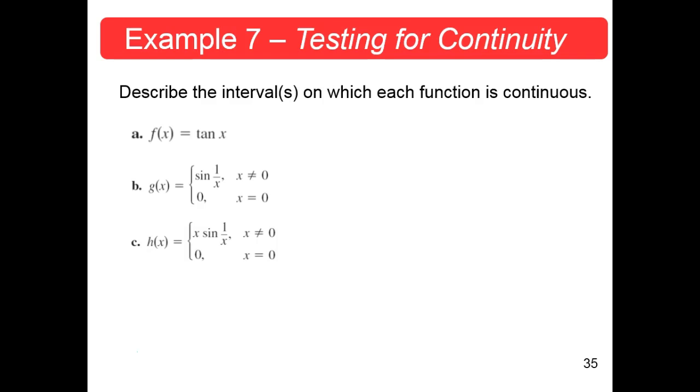Here's the easiest way to express it: the set of all x such that x is not equal to n pi over 2. That would be the best way to say it. So that's a good description of it.